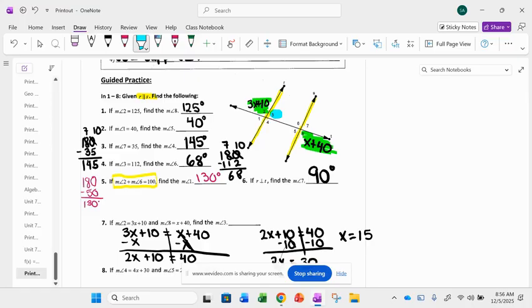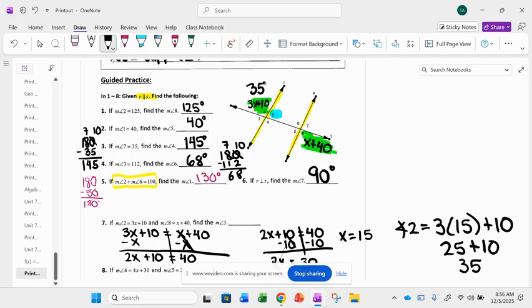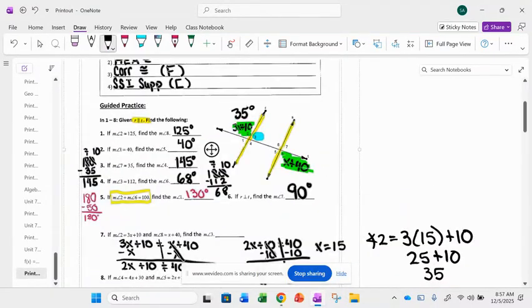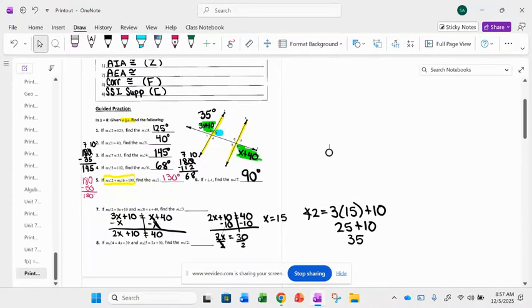So angle 2 is going to be 3 times 15 plus 10, which is 45 plus 10, that is 55. So if angle 2 is 55 degrees, how will I now find angle 3?